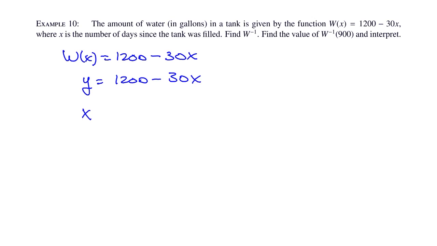Switch the x and the y. Solve for y. So I'm going to move the 1200 over. It moves over as a negative. Divide both sides by negative 30.